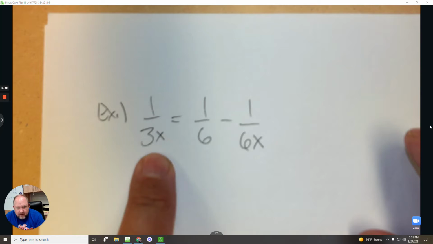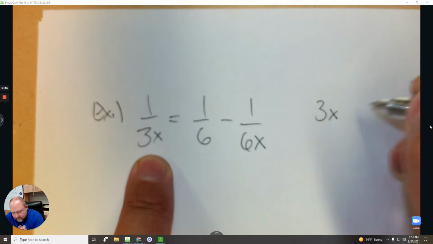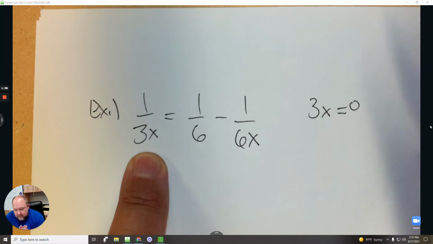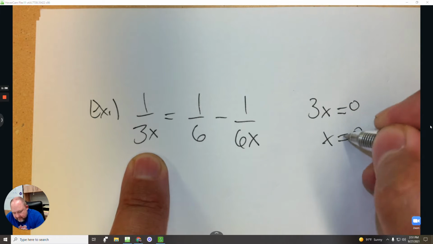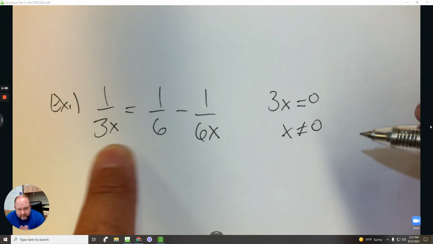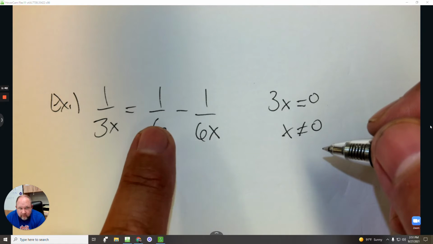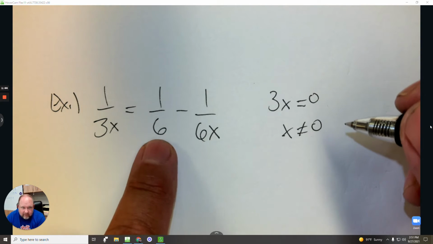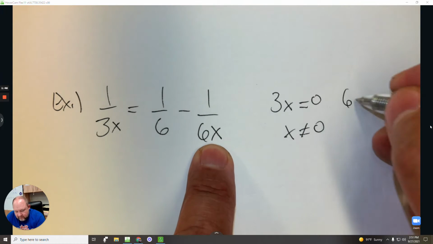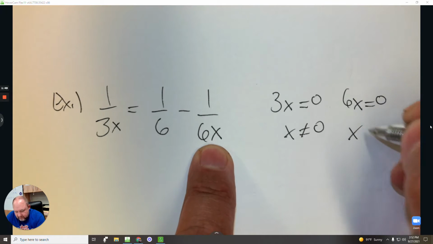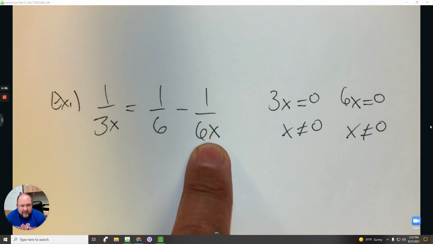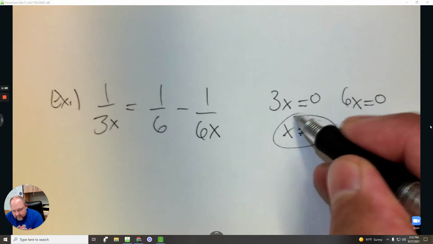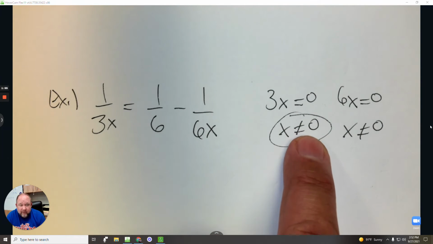So if I look at the denominator, 3x, make it equal to 0, and solve it, x cannot equal 0. There's no variable here, so if I make it equal to 0, there's nothing to solve. If I take 6x and make it equal to 0, divide, I get the same answer. So there is one restriction here. The only number x cannot be is 0.